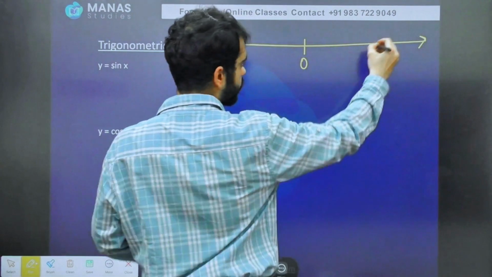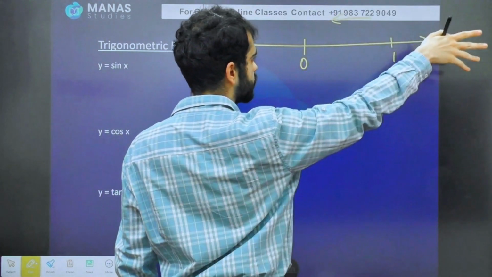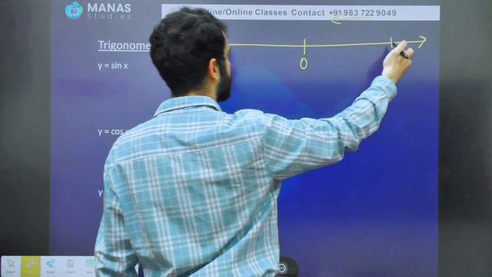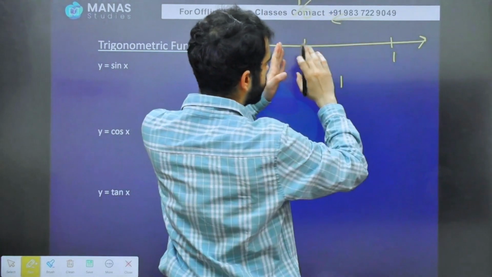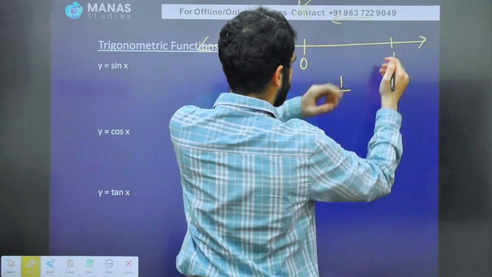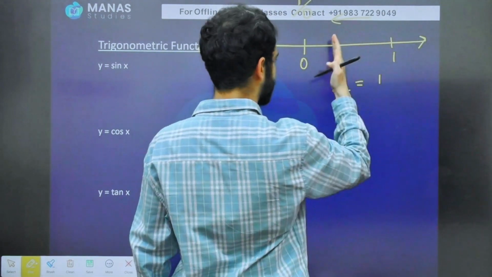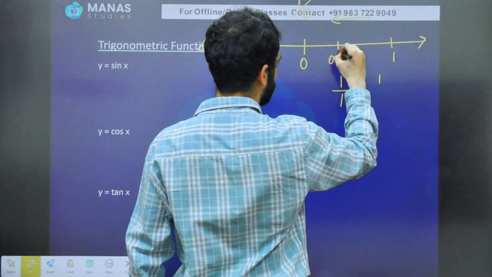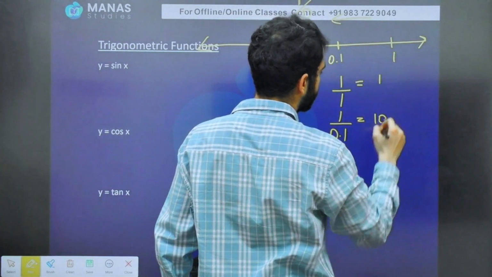If this is the point 0 and I'm going to approach 0 from the right hand side, that is from the positive side, that means I have to calculate the value of 1 upon 0. And if I'm approaching 0 from the right hand side, the first number I stop at is 1. So 1 divided by 1 is going to be 1. Let's say I move a bit closer and another number is 0.1. So now I'm going to divide 1 by 0.1. The output will be 10.